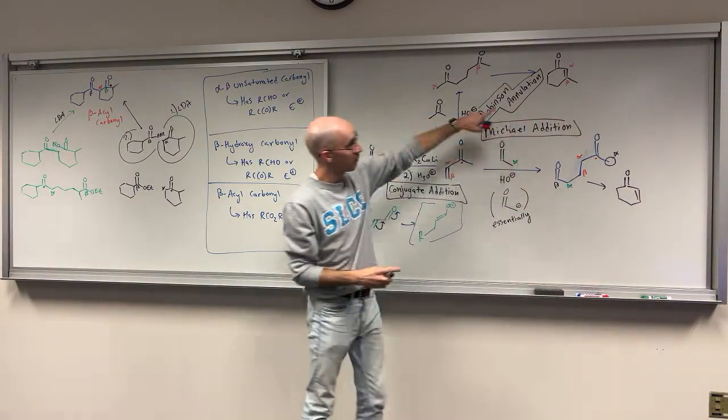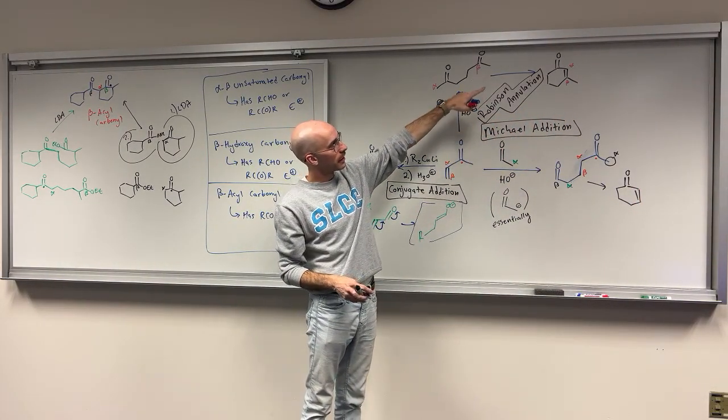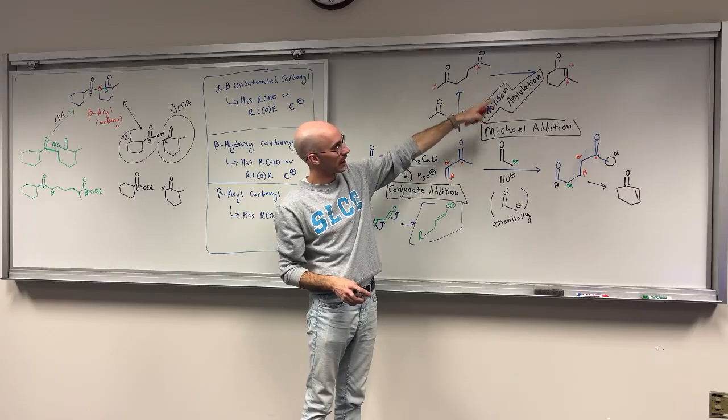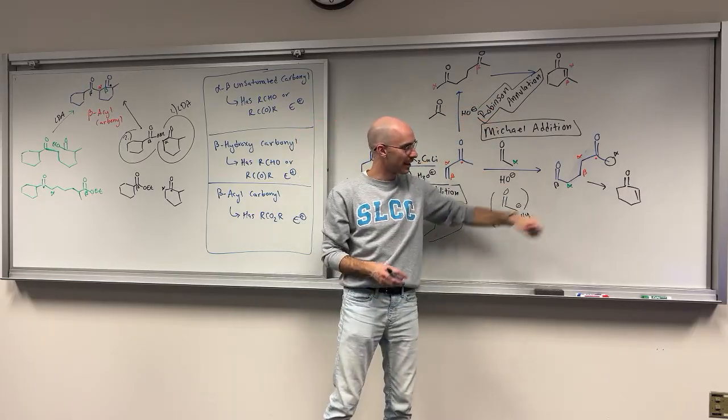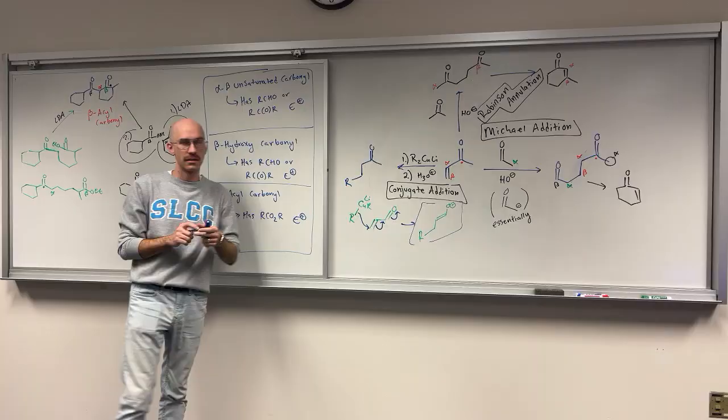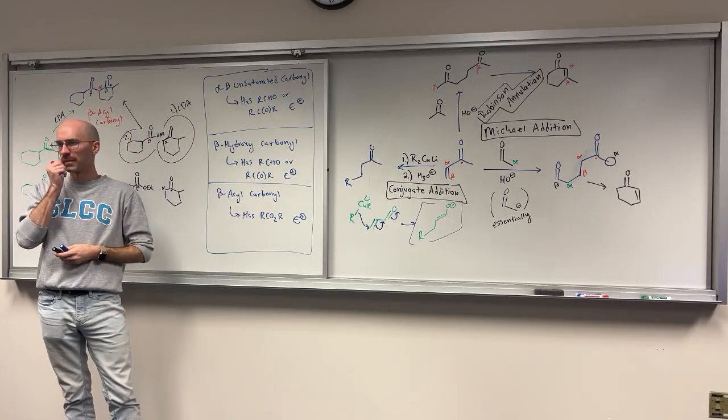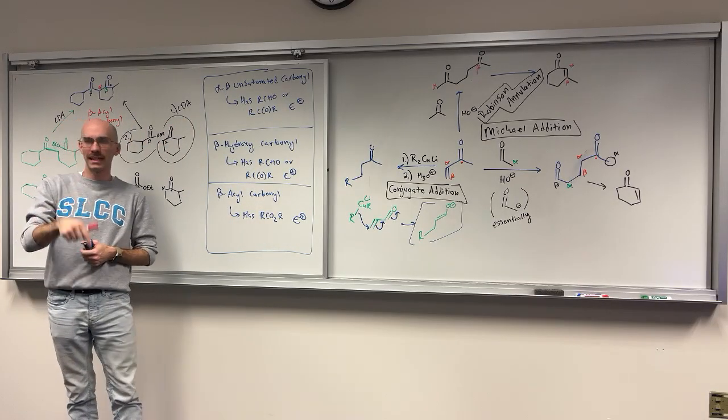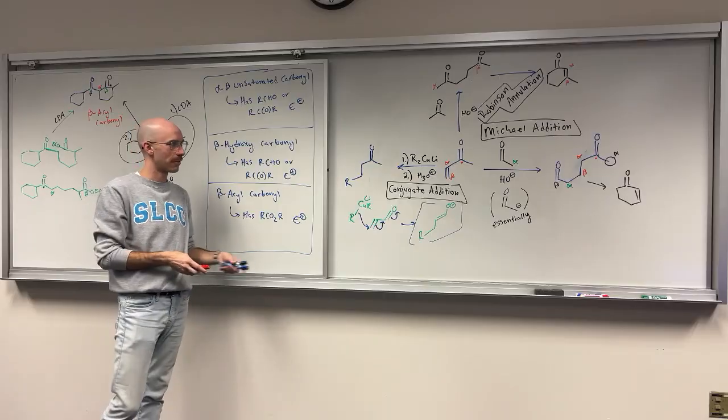It's a bit of a different product. You'll notice that up here, the alkene has a methyl coming off, and here the alkene does not have that methyl because we use different enolates during the Michael addition step.